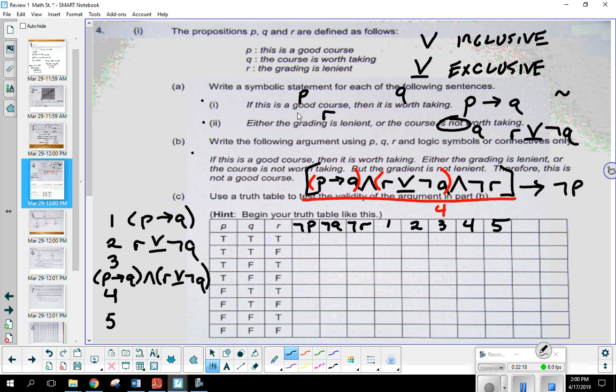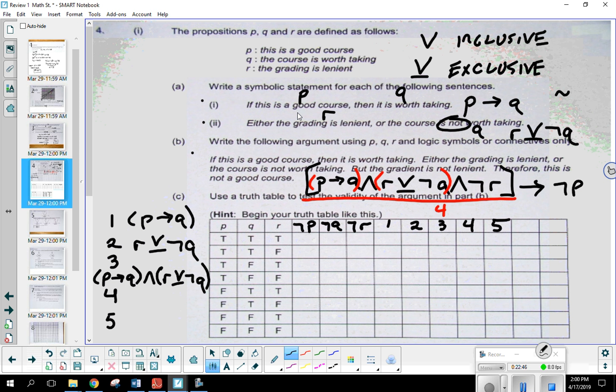But do you guys remember, does it make sense why we have 8 rows? You remember the base we used to tell? Whatever you have, for example, if there's only 4 rows, then it goes true, true, false, false, and then you alternate. You remember we had base 2, and you always raised it to the power of the number of propositions you have? So 2 cubed is what gave me the 8.